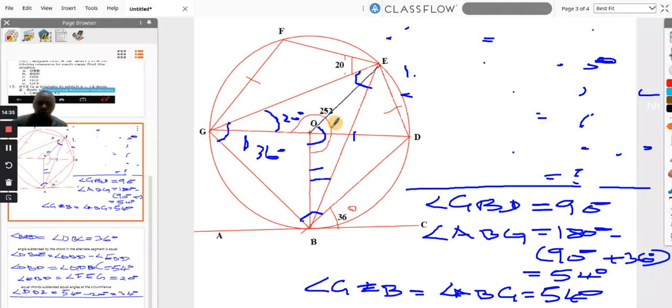So that is 112. Now, because OB and OE are radii, this triangle is isosceles. So to get the size of this angle, it will be 180 minus 112 divided by 2. If you do that also, you're going to get 34. So that is the alternative route that we can use.